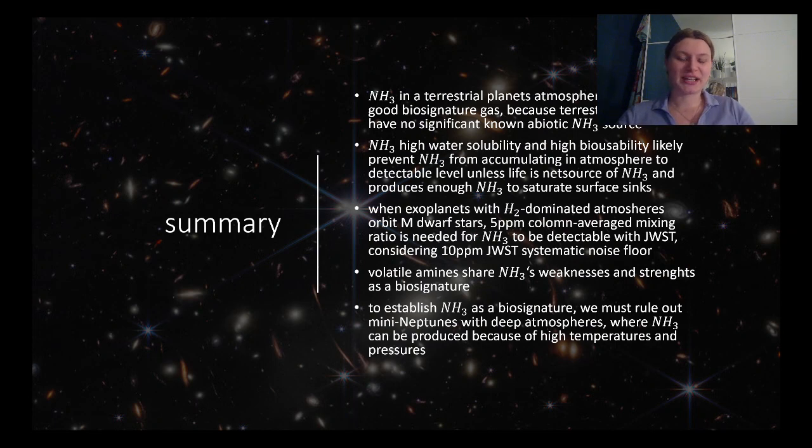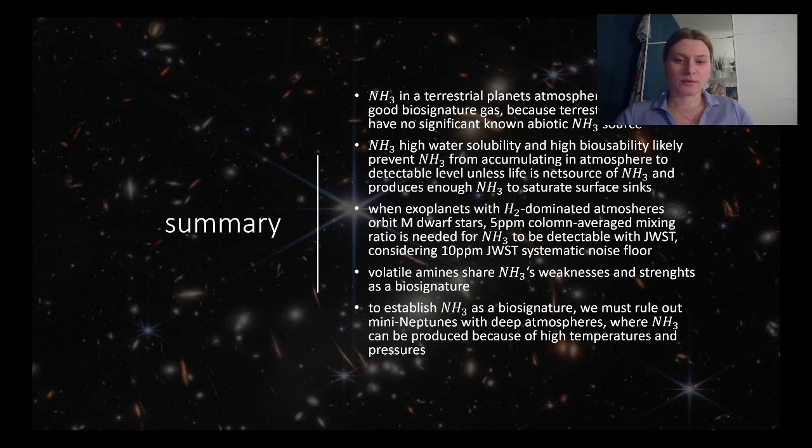Now we'll get to the summary. Your take-home message: NH3 in a terrestrial planet's atmosphere is generally a good biosignature gas, because terrestrial planets have no significant known abiotic NH3 source, and NH3's high water solubility and high bioavailability likely prevent NH3 from accumulating in the atmosphere to a detectable level, unless life is a net source of NH3 and produces enough NH3 to saturate the surface sinks.